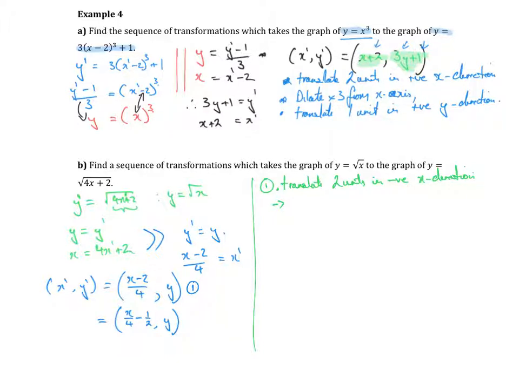So then I'm multiplying the x value by a quarter, which means I'm dilating by 1/4 from the y-axis.